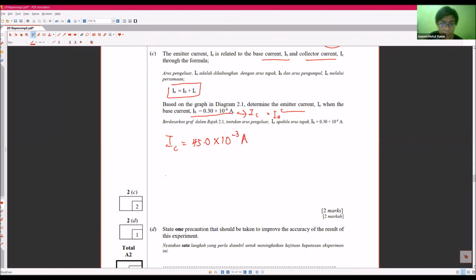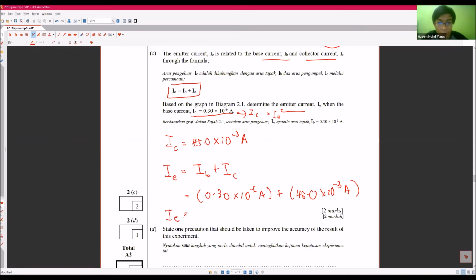So now we can calculate IE. Basically, IB plus IC. IB is given, 0.30 times 10 to the power of negative 6 ampere. IC is what we found previously by interpolation. Plugging that into your calculator, 45E negative 3, and then you will get 0.045 ampere.